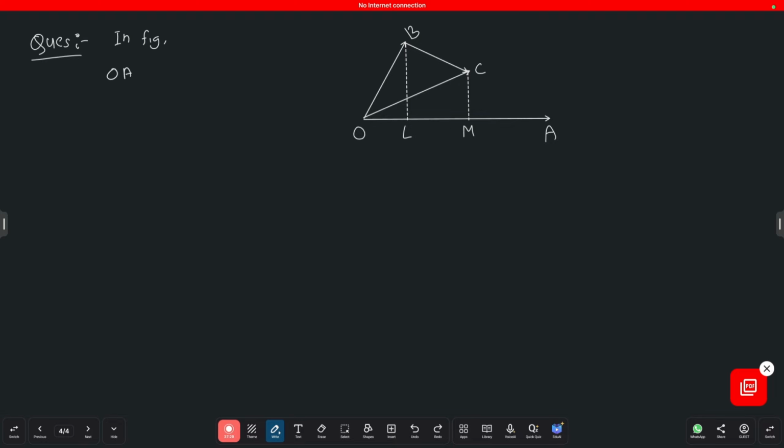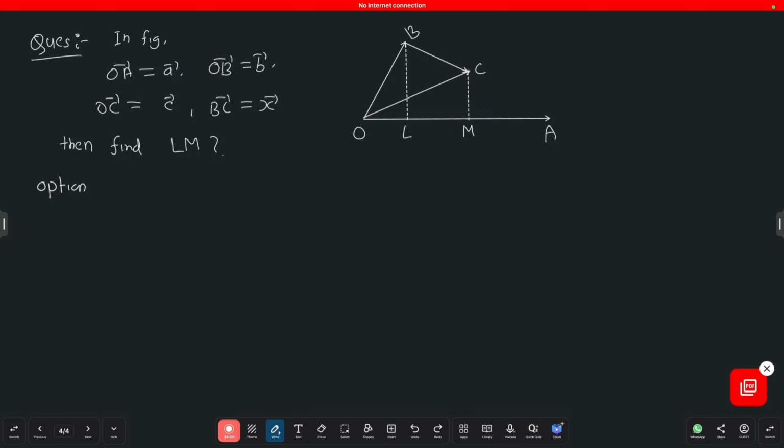Suppose OA vector is small a vector, OB vector is small b vector, OC vector is small c vector, and BC vector, let's say x vector. Then find LM, and options are there.